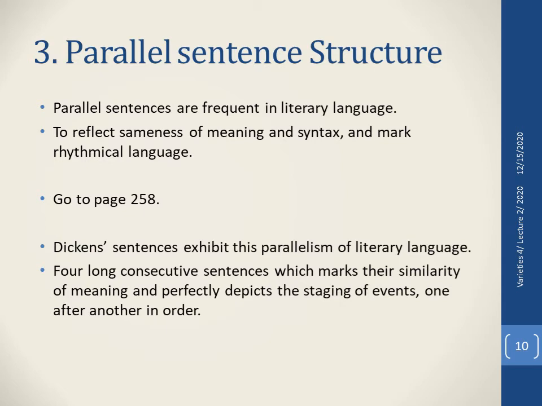The parallel structure, over long consecutive sentences, marks the similarity of meaning and the staging of events, one after another in order. Okay, so this is why Charles Dickens used this kind of structure in order to show the chronological order of these events.